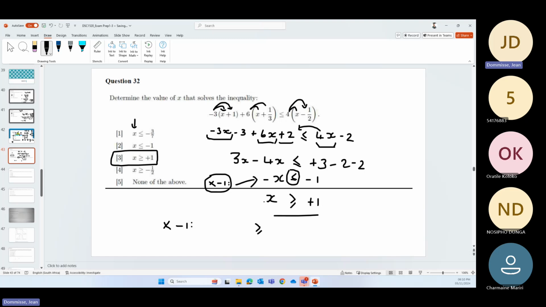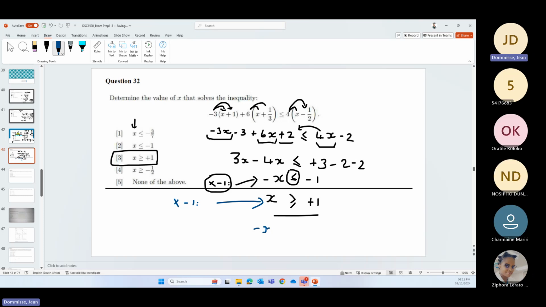So again, let's look at this one. If I multiply this final answer by -1, then -1 times x is minus x.